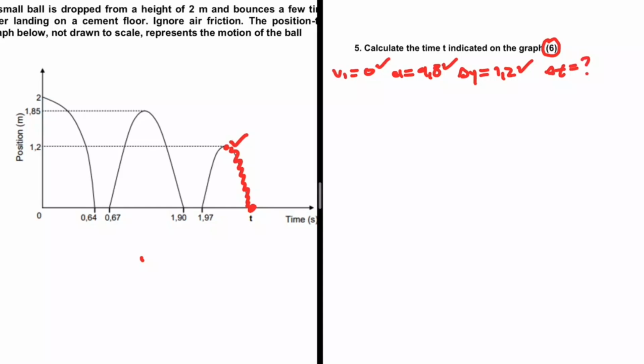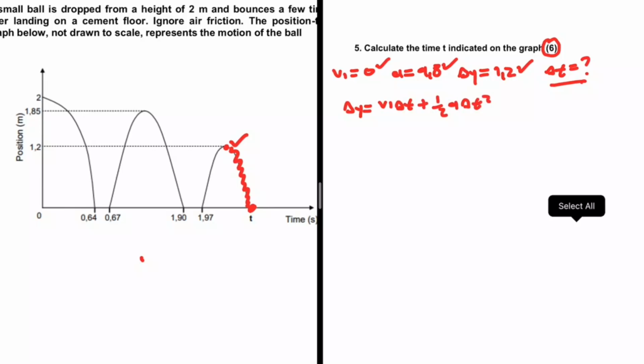Okay, but there's a twist to this delta t that we are looking for, but let's figure it out first, and then I'm going to show you what I'm talking about. With these variables, which equation can we use? I think delta y is equal to VI delta t plus one half acceleration delta t squared should hold up really well.